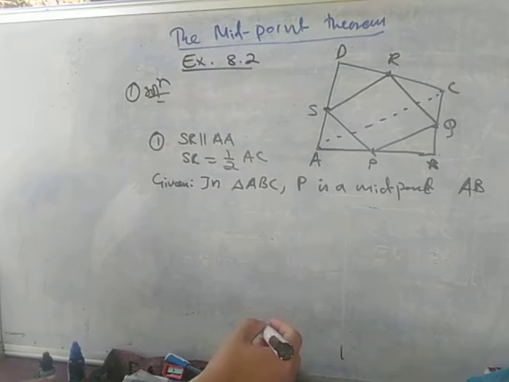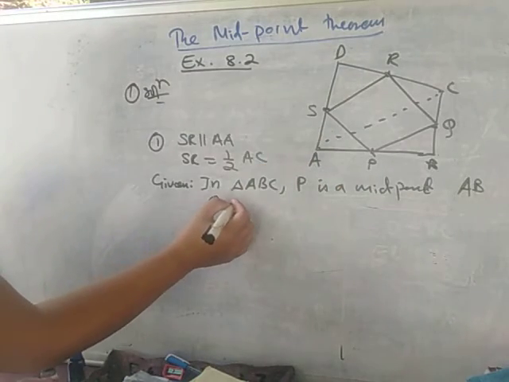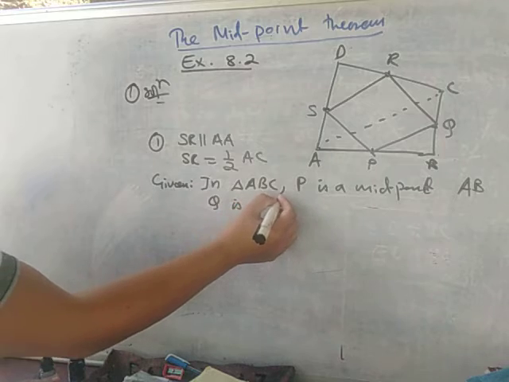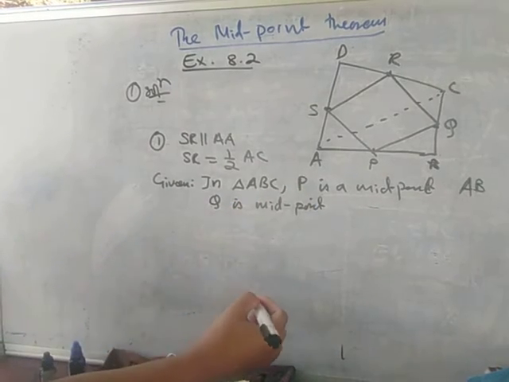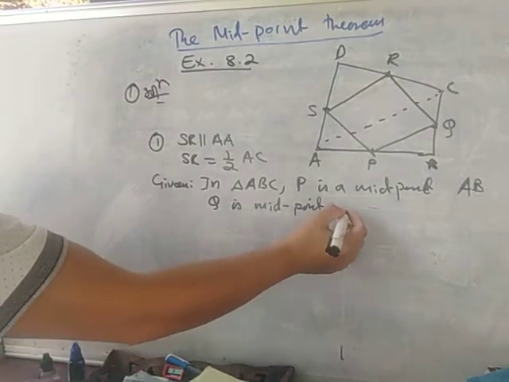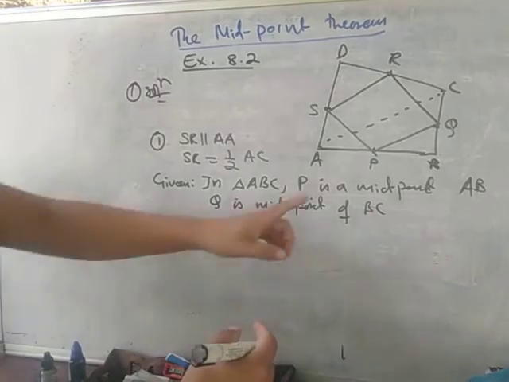And Q is also a midpoint, isn't it? Q is the midpoint of BC. So these two are midpoints.